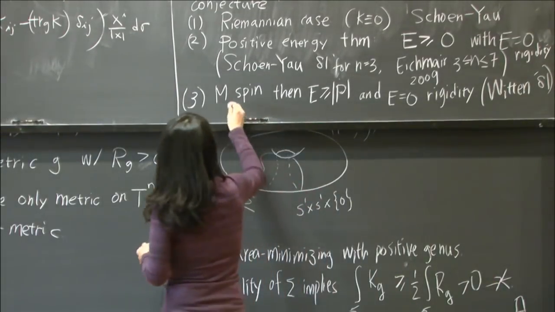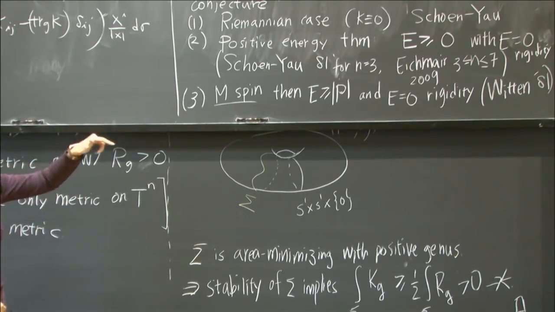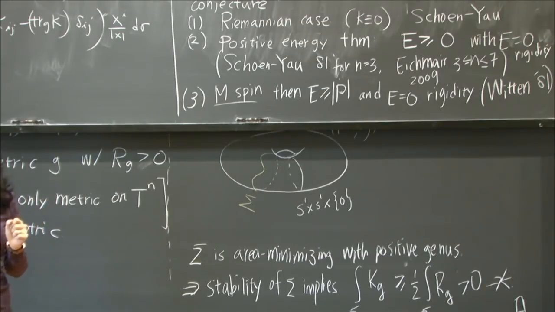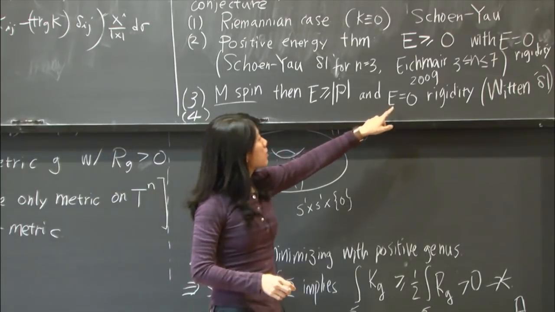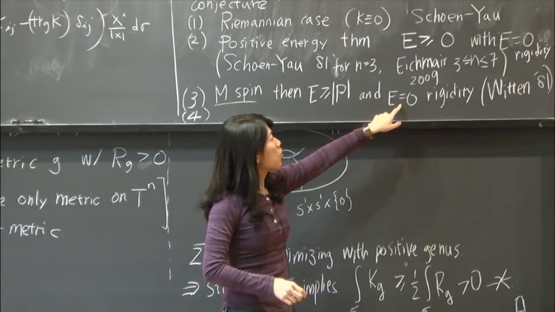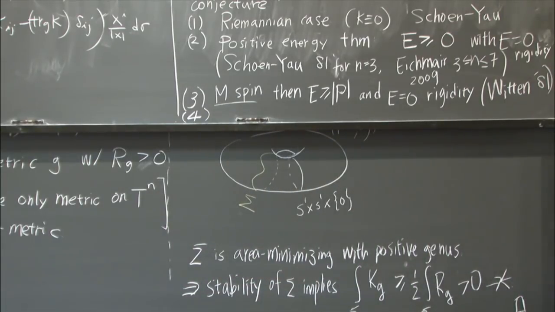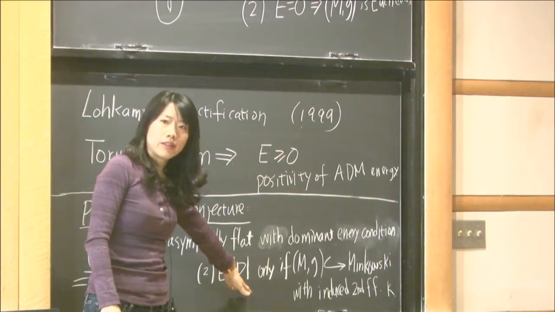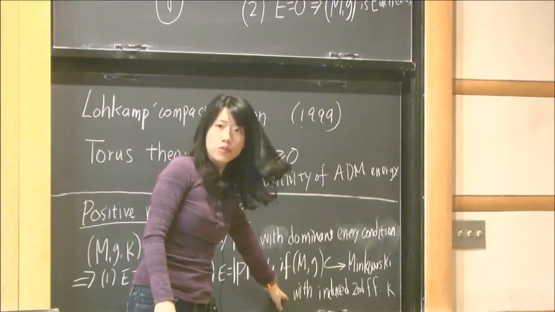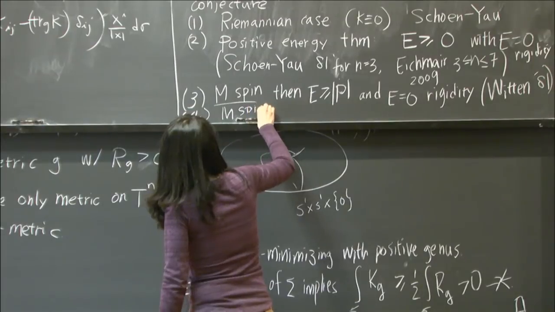So there's also, a three-dimensional oriented manifold is always spin. So Witten's proof will settle the positive mass conjecture for the three-dimensional case. And also, still, his proof only has the E equals 0 rigidity. But somehow, the desired rigidity is stronger. So E may not be 0. It could be equal to some other number. But then, whether it's still true. So for spin manifolds, there is also a rigidity.